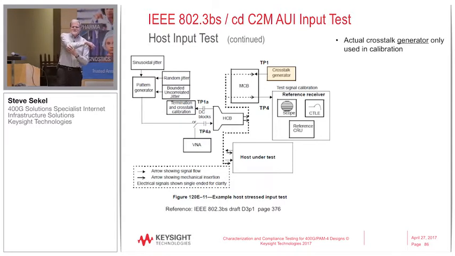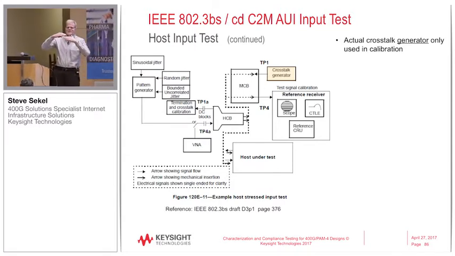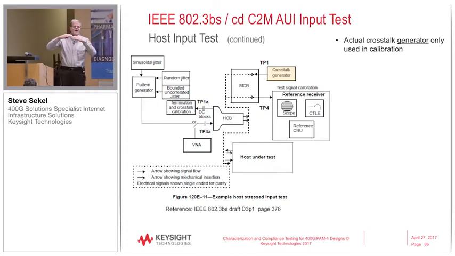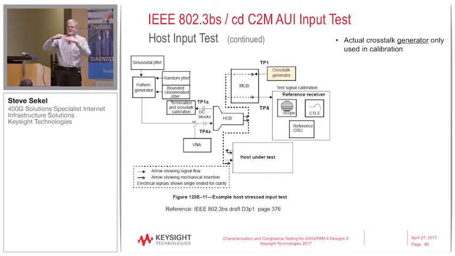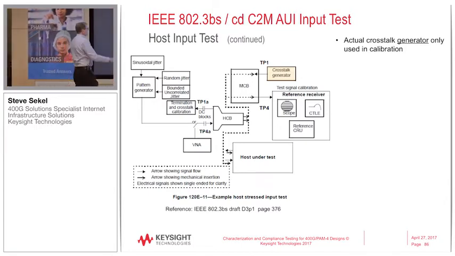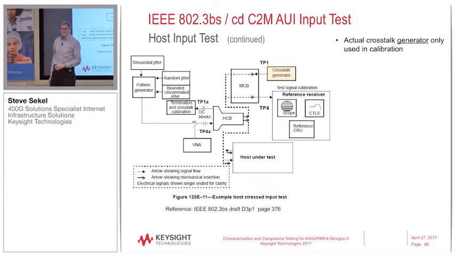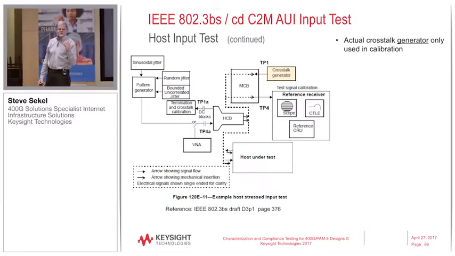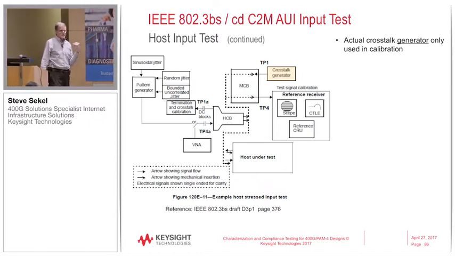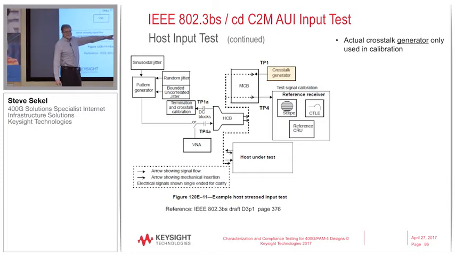Well, on the earlier slide when I was talking about compliance test boards, I said they don't specify the amount of crosstalk coupling, because that's actually taken care of in the stress calibration. The only purpose for that crosstalk generator is to determine the amount of coupling in the host compliance board, because that's going to cause eye closure from the aggressor source, and the aggressor source is actually going to come from the device itself.